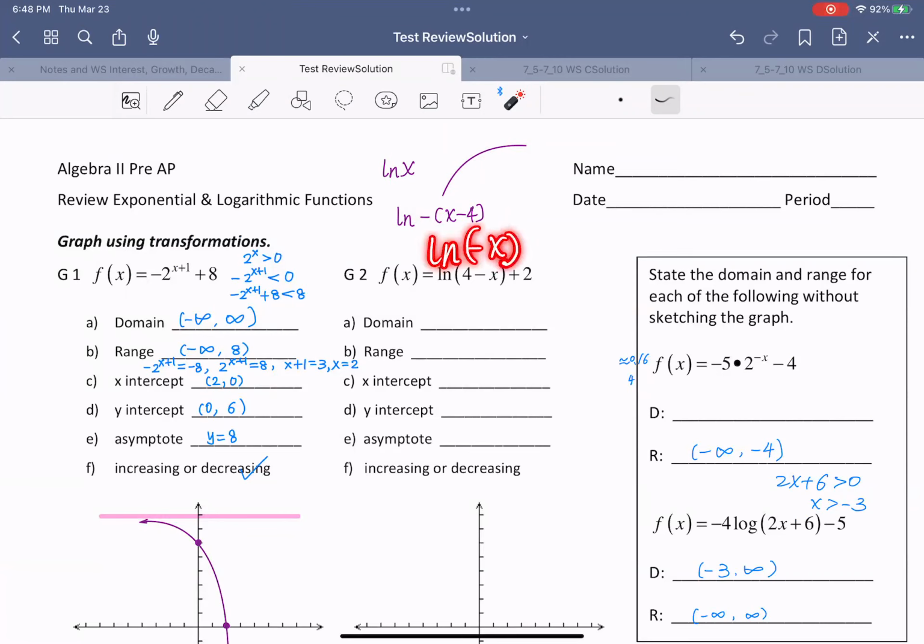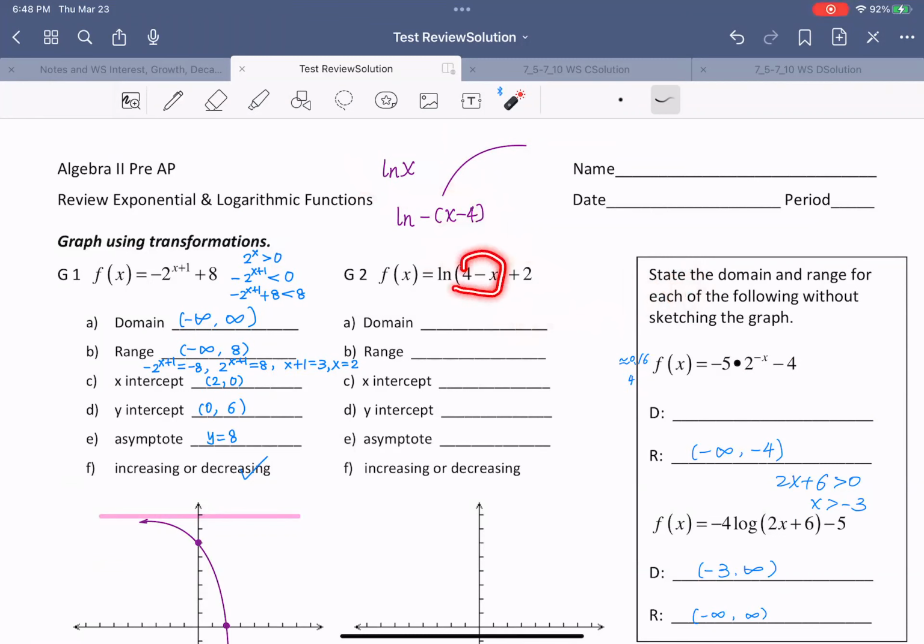Inside here, you do a reflection over the y-axis, f of x and f of negative x, which are symmetric over the y-axis. You do a reflection over the y-axis, and then you shift to the right by 4. And then you shift up by 2. That is the transformation from the parent function.